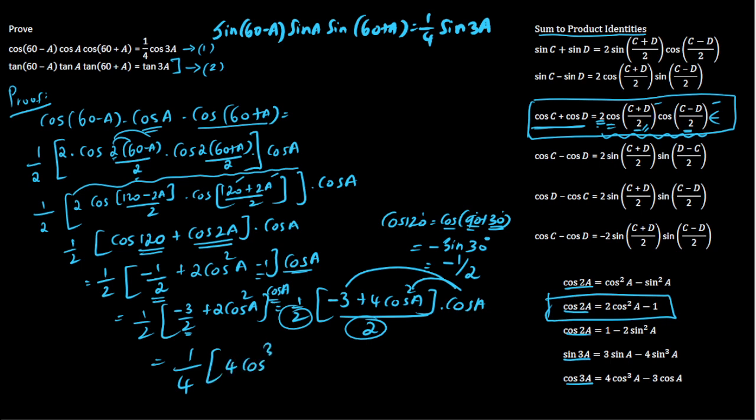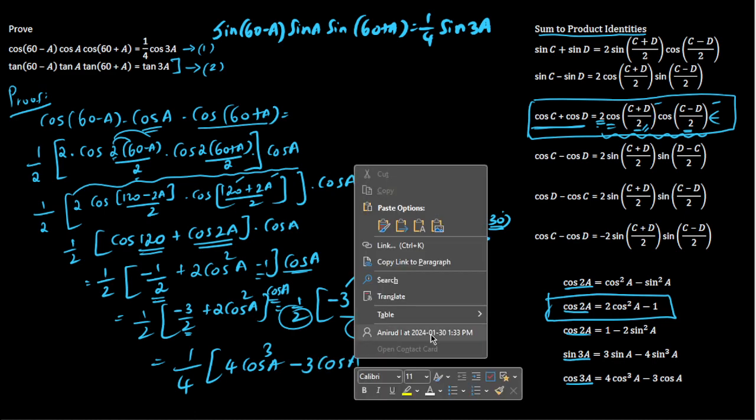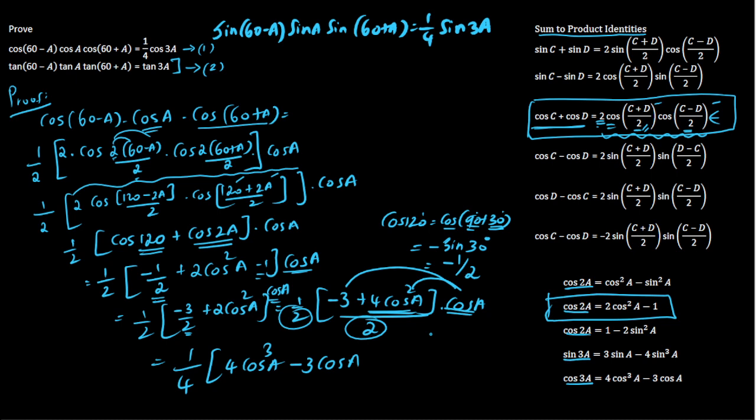Taking the 4 cos square A multiplied by cos A first, we get cos cube A, and then minus 3 cos A. This gives us the same as our cos 3A formula. So it's 1 by 4 cos 3A, which is the same as our right hand side. So this is how we proved it.